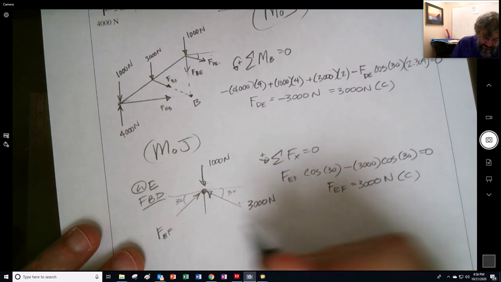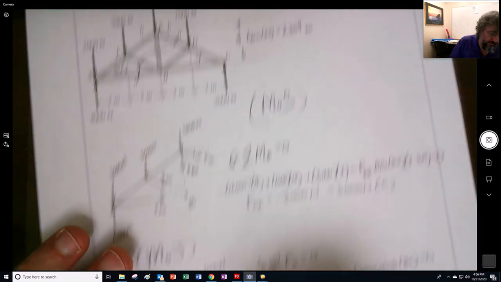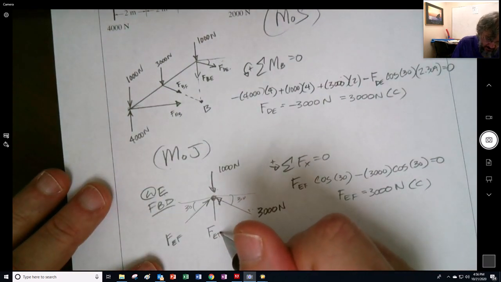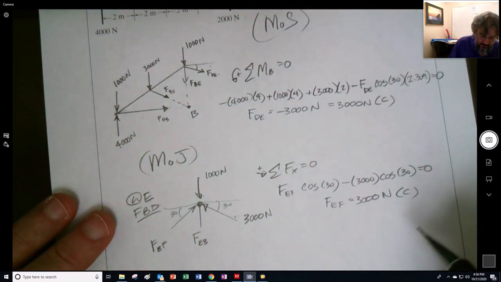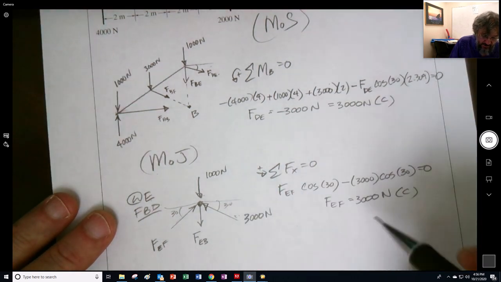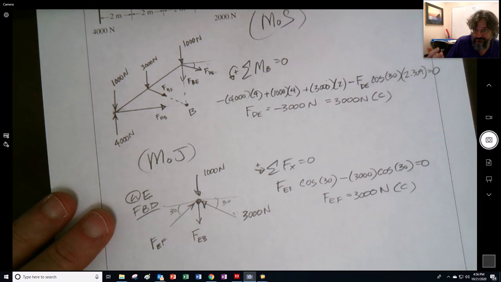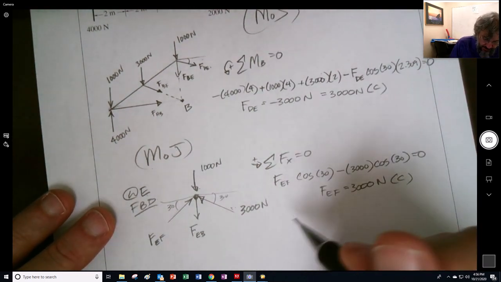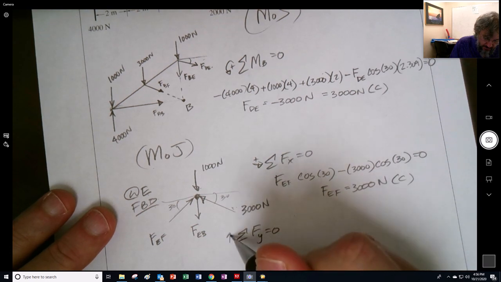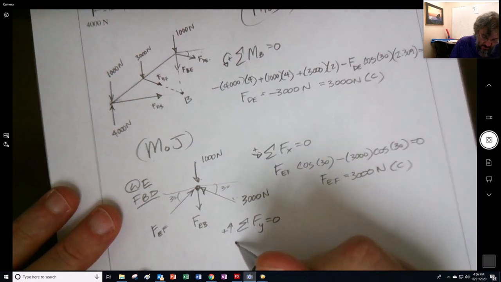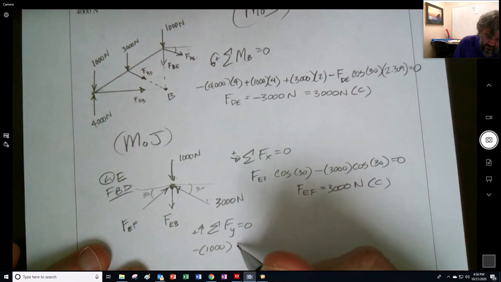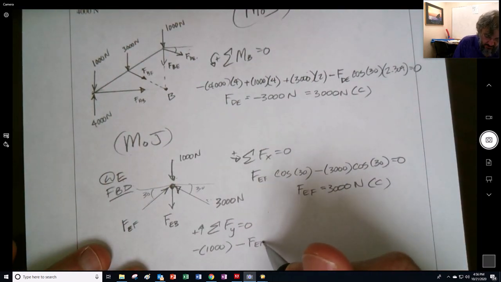Then we take down here, this was our whole goal. In the beginning it was FEB, electric boat. No thanks. I don't know which way this is going to go, so let me just point it that direction. Tension sometimes is a good default. So take the sum of the forces in the Y direction. I'll say negative 1,000, and then negative FEB.